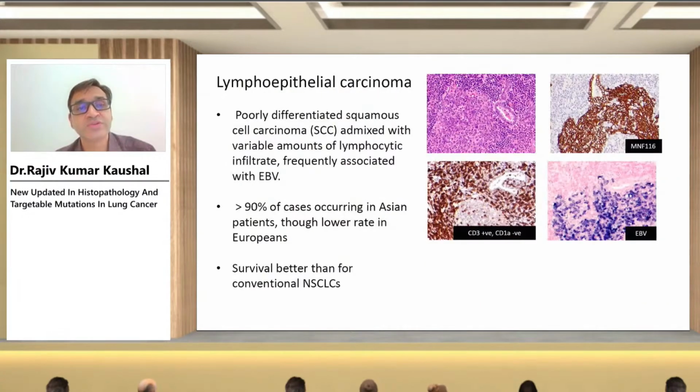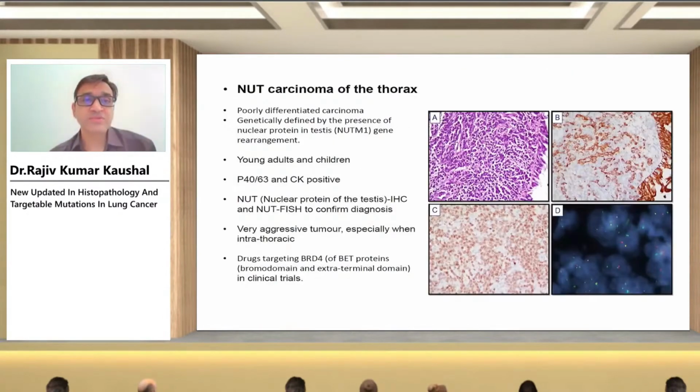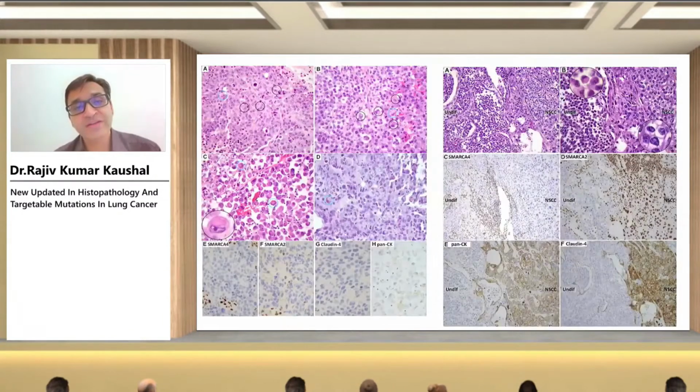These tumors are EBV related and likely to show good clinical outcomes. There's another entity, presumed to be a subtype of poorly differentiated squamous carcinoma, which is NUT carcinoma, characterized by specific genetic alterations, and IHC for NUT confirms the diagnosis. The sinonasal tract and the mediastinum or hilar region are the common sites for these tumors.